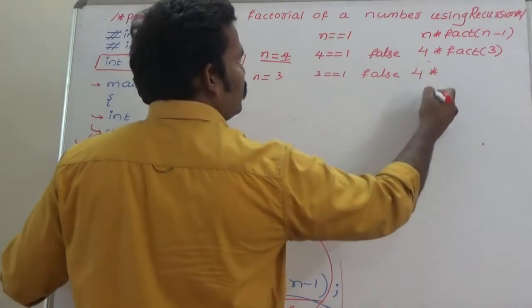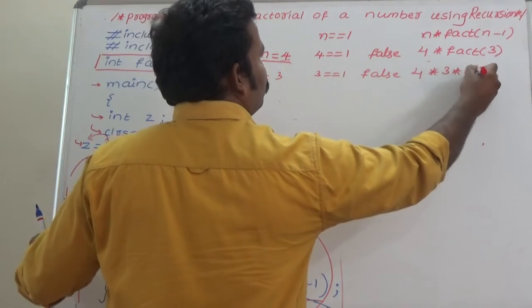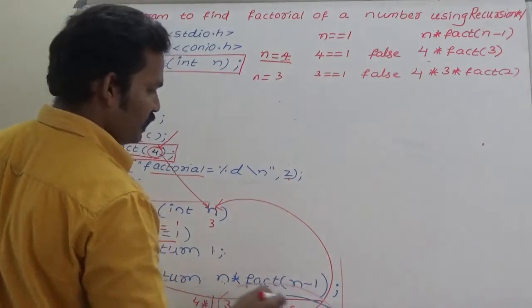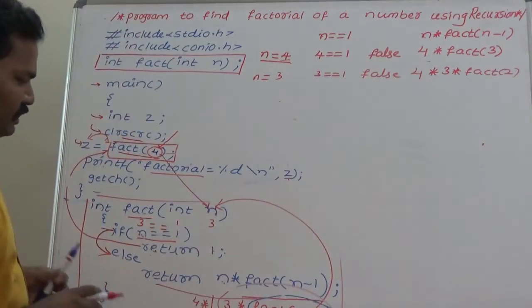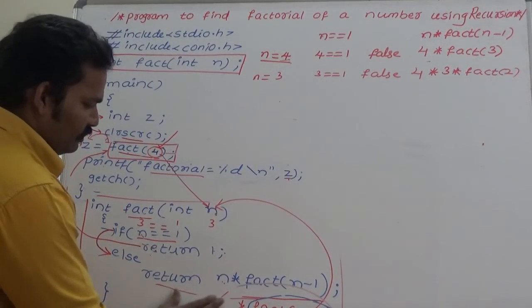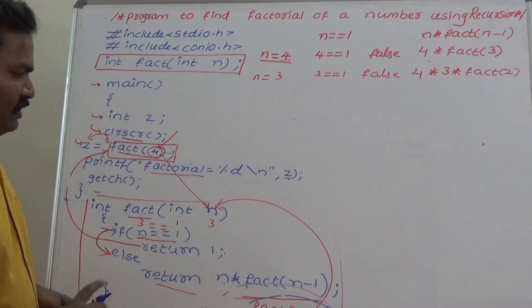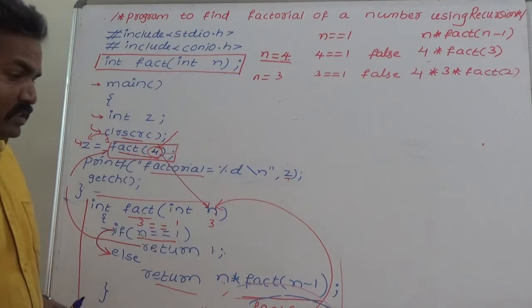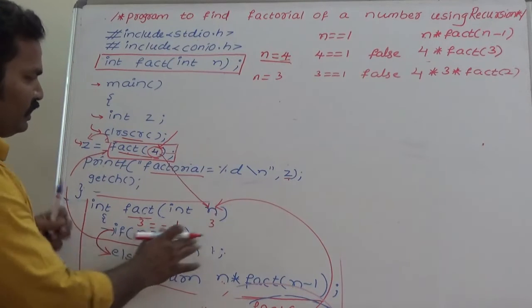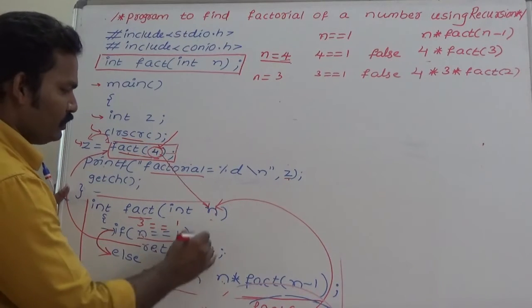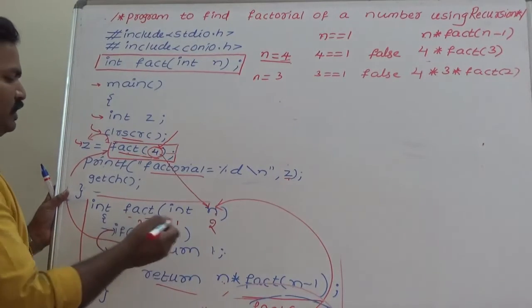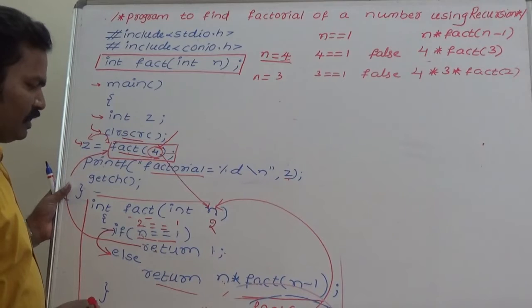Next, again calling the function. Now we are calling the fact function by passing argument value 2 to the n variable. So what is the n value here? 2. Is 2 equal to 1? False.